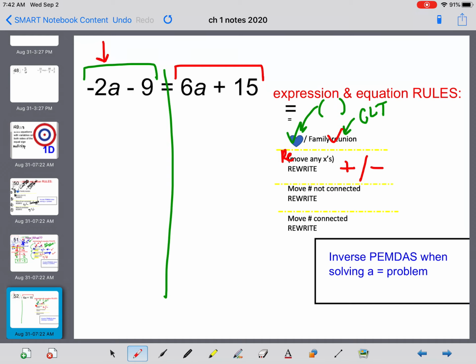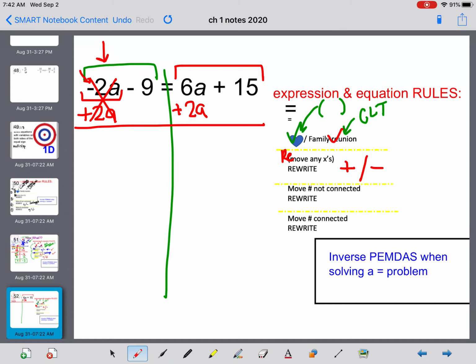Right now, remember, I'm using addition and subtraction, and because this term already has a negative sign in it, or a subtraction sign, I'm going to use addition to get rid of it. I'm going to add 2 a's. Then I have to add 2 a's over to this side because that rebalances or re-equalizes my equation.